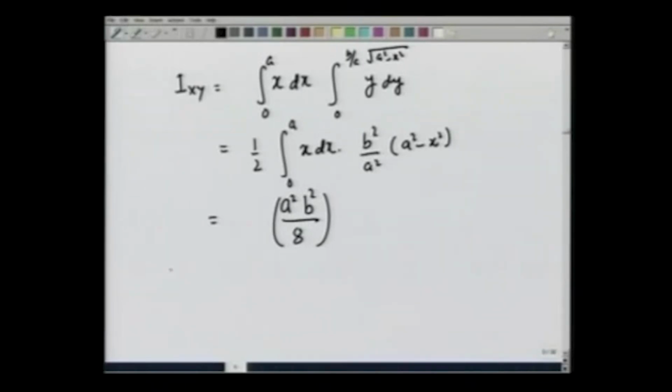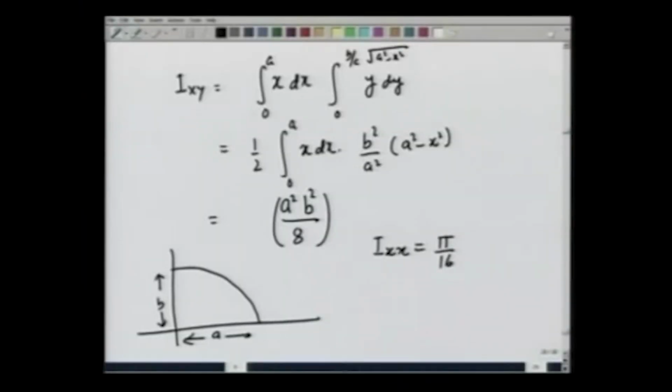Therefore, what we have determined is that for a quarter of an ellipse with semi-major axis A and semi-minor axis B, Ixx is pi over 16 a b cubed, Iyy is pi over 16 a cubed b, and Ixy is a squared b squared over 8.